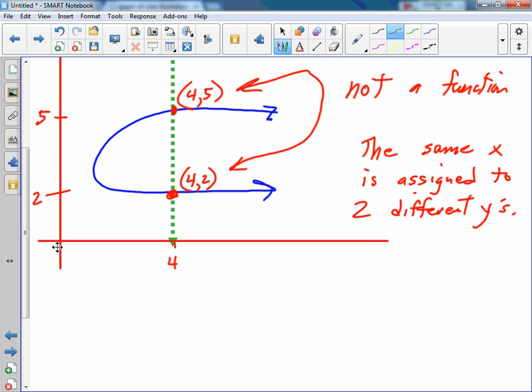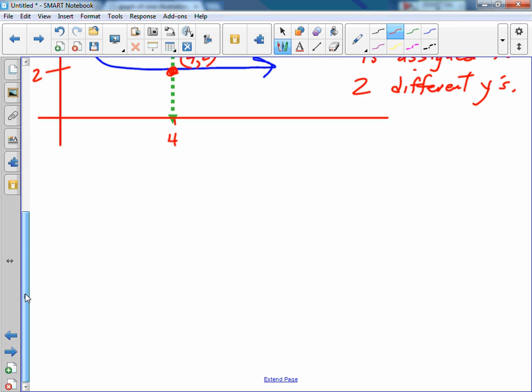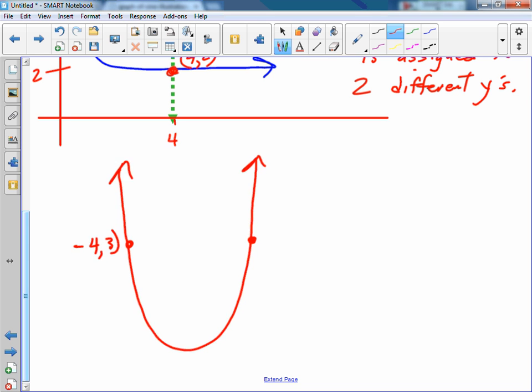So here's a question for you in closing. If I have a parabola like this, and I have -4, 3, and I don't know, it doesn't matter, 2, 3, is that okay?